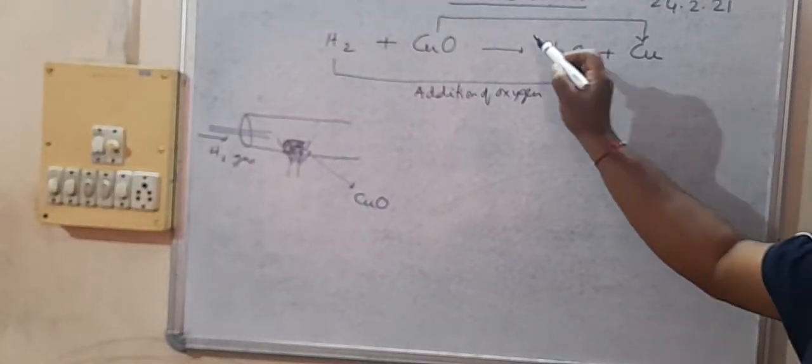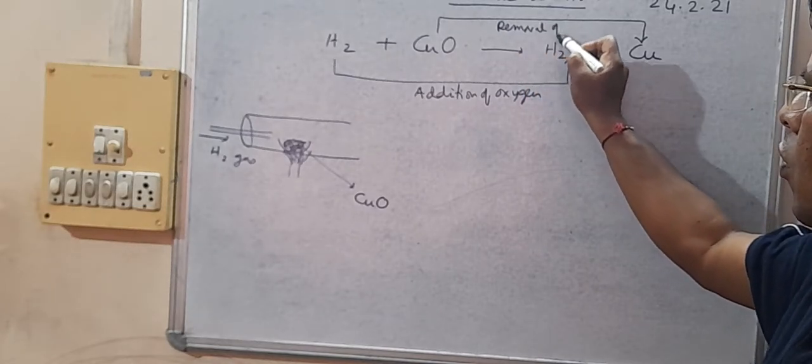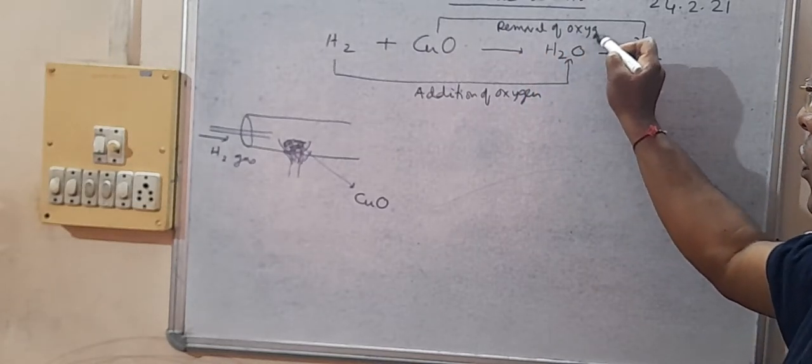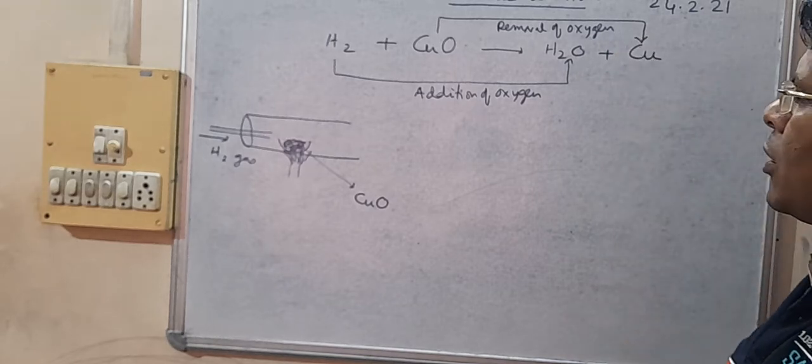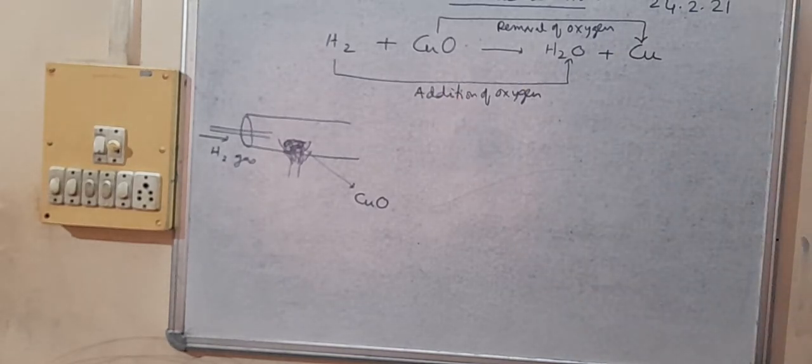And if you see copper oxide to copper, what has happened is there is removal of oxygen. So H2 to H2O, addition of oxygen. CuO to Cu, there is removal of oxygen.